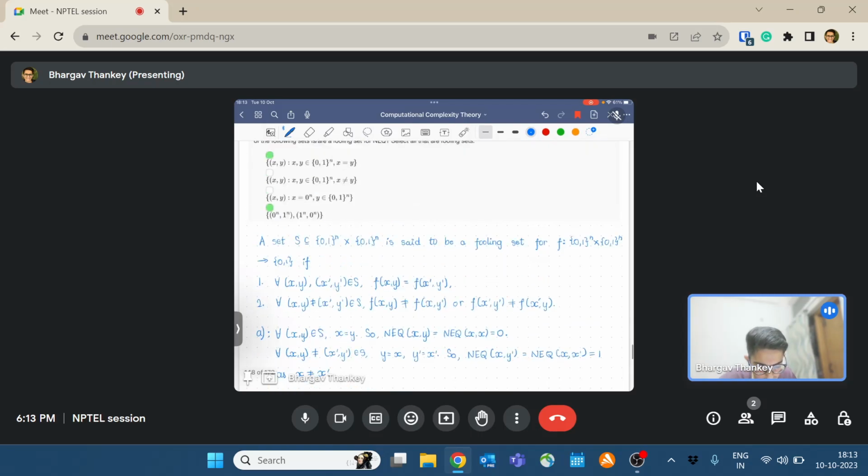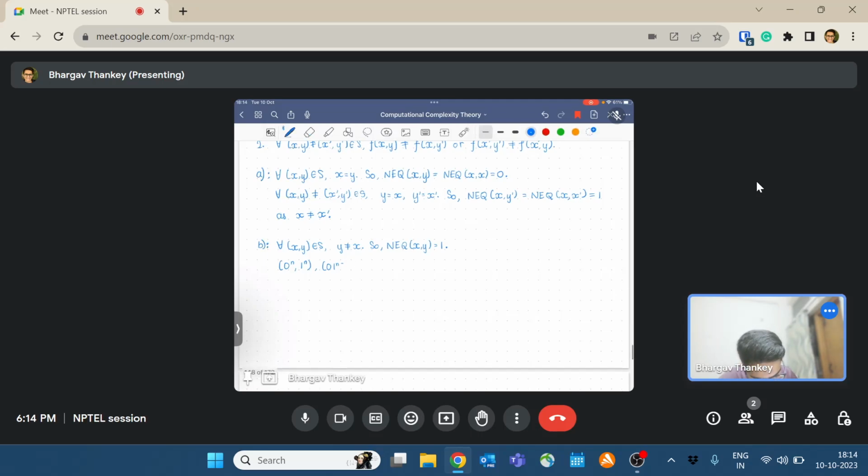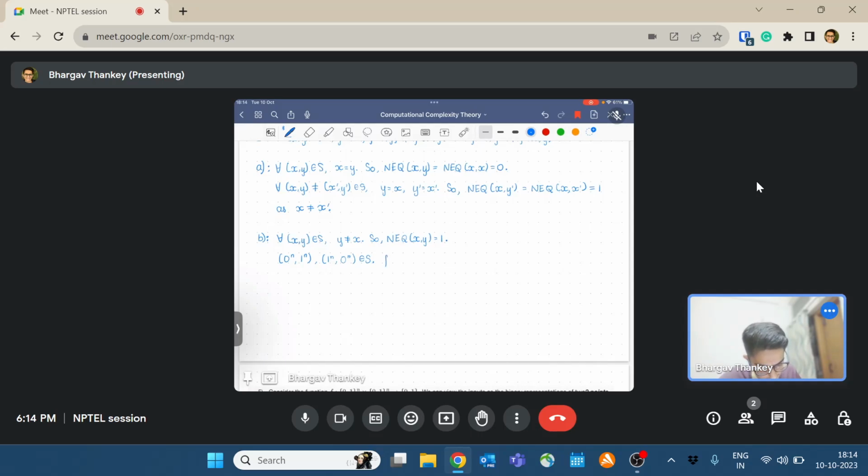Let me pick two tuples in S. I want these to be not equal, so I should choose something like (0 1^(n-1), 1 0^(n-1)).